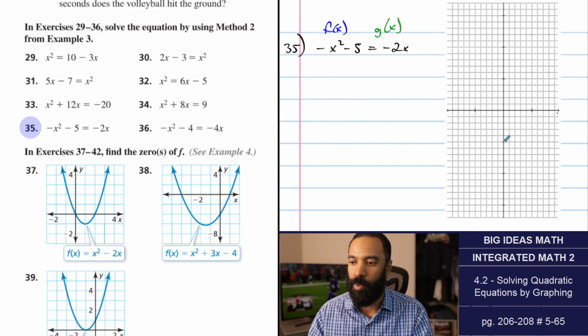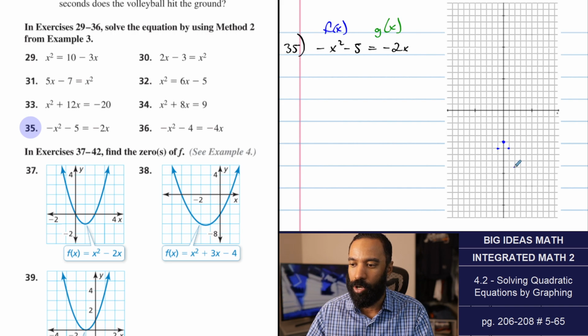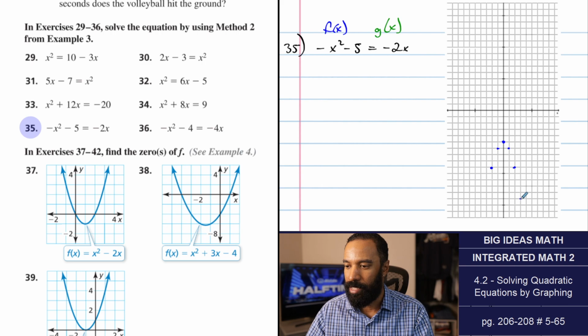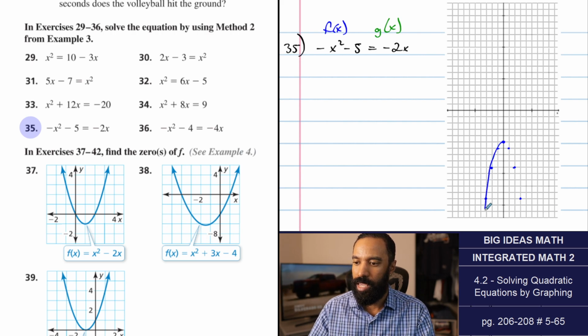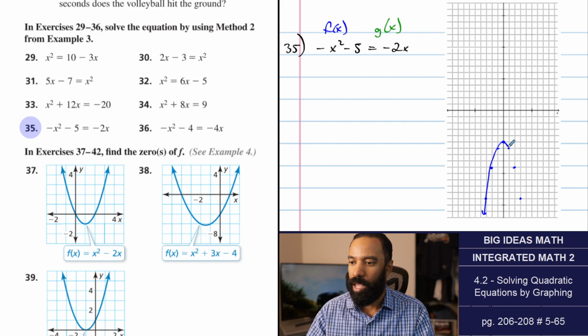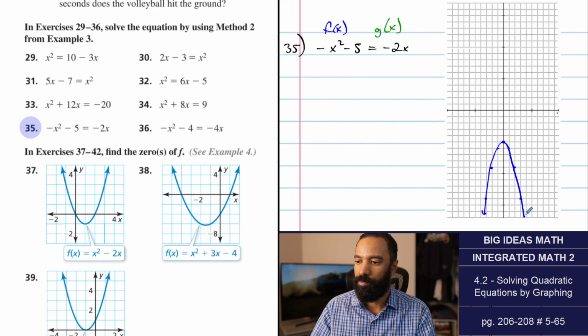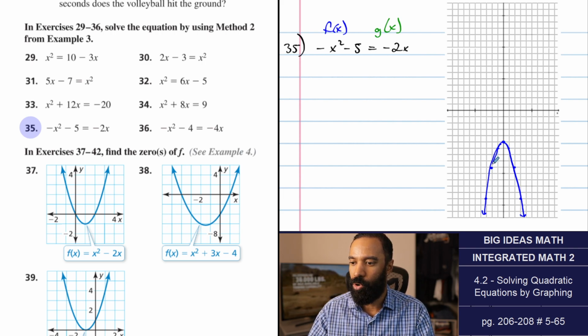Negative 5 is not only the y-intercept, but it's also the vertex. We're 5 units down, and this goes over 1, down 1, over 2, down 4, over 3, down 9, etc. So it's going this way.